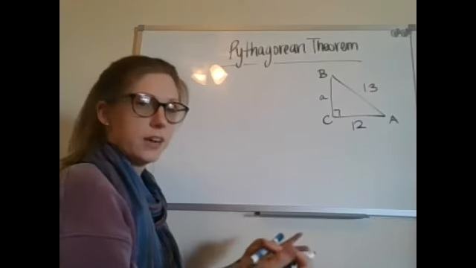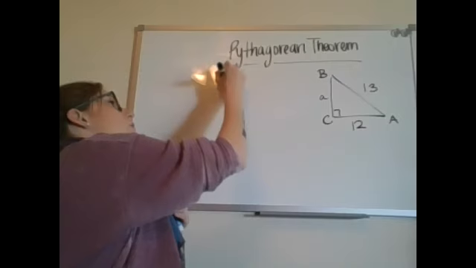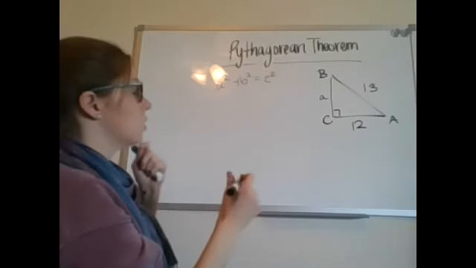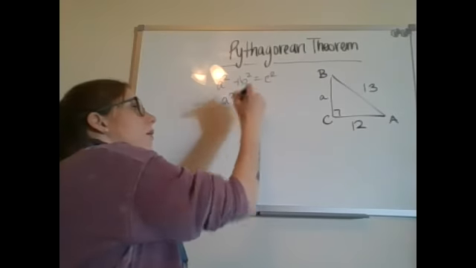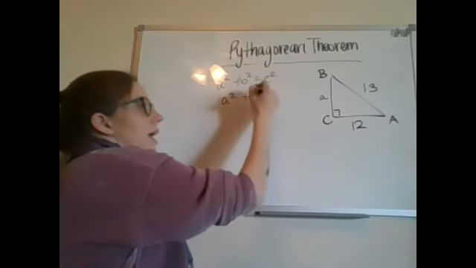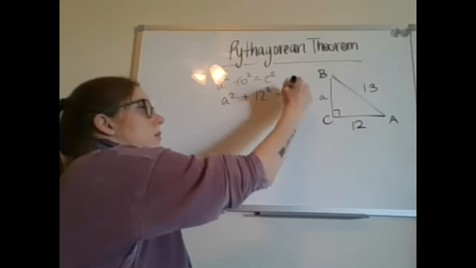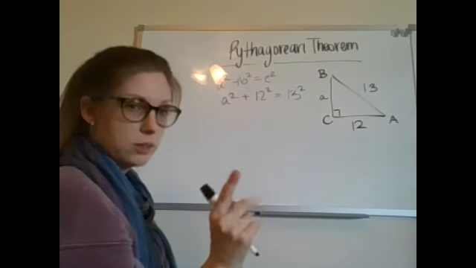So the only difference here is how we go about solving it. So we always start knowing A squared plus B squared equals C squared. So we don't know what A is, so A squared just stays there. B is 12, so A squared plus 12 squared equals C squared, which is 13 squared. All right. If you have questions, text me.